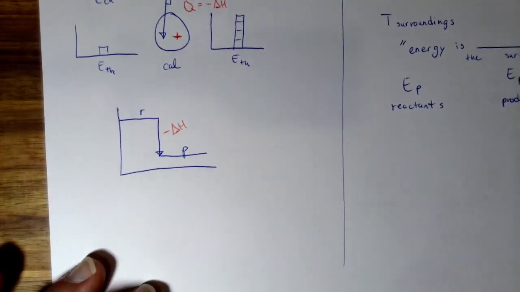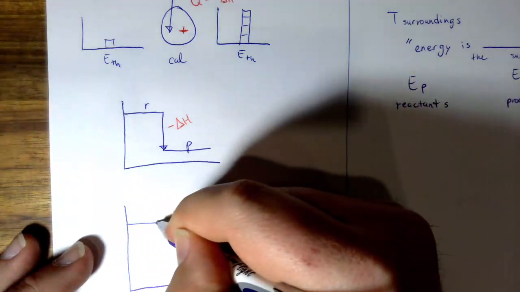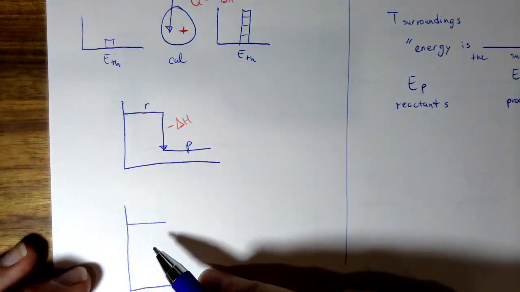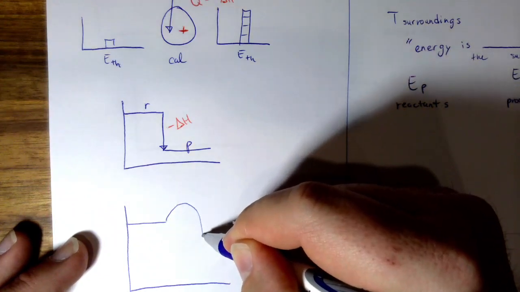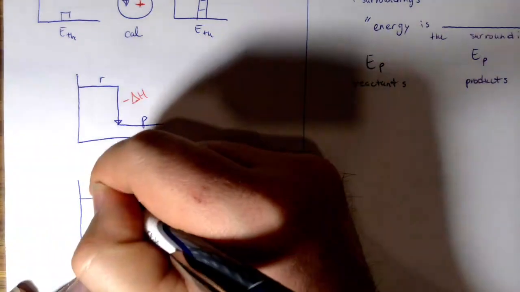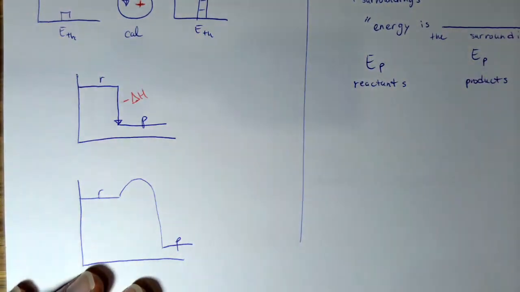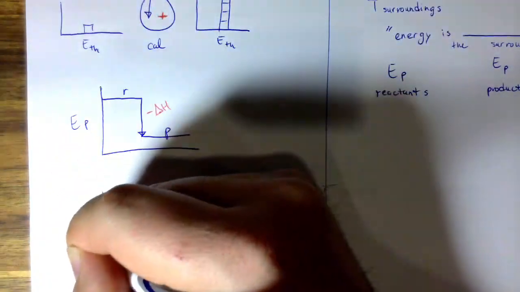Another way to show this is with something called activation energy. Now, the reactants are still going to start high, but we're going to consider that a little bit of energy has to be put into the system in order to start the reaction. So here are my reactants, here are my products, that's meant to be flat. These are all just my EP.